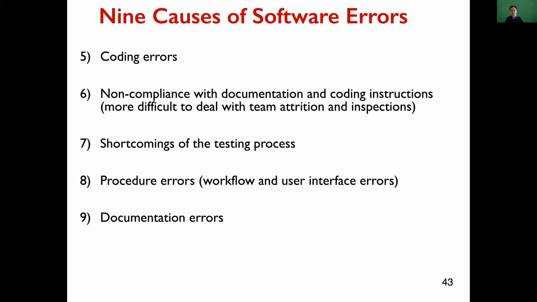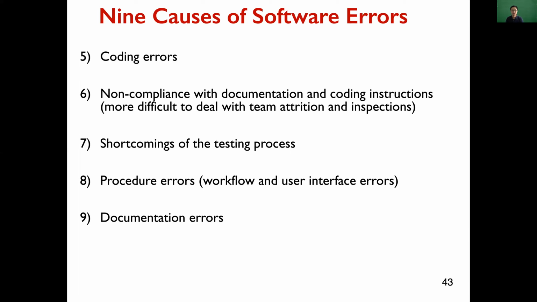The sixth category is non-compliance with documentation and coding instructions. Usually in a company or in an institution, there will be some programming guidelines or policy. Developers need to follow these guidelines in order for the code to be consistent.